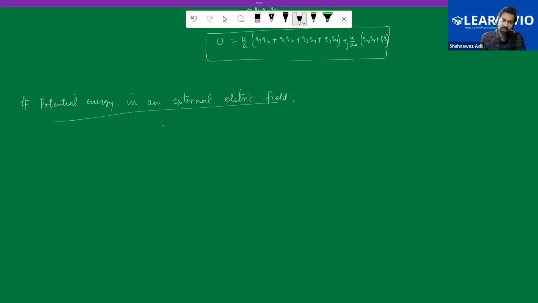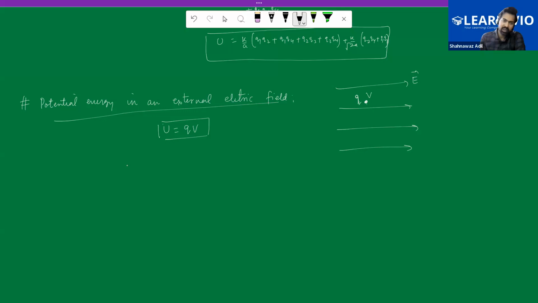Right, so this is simply, let's say we have an electric field and we are calculating the potential energy of this Q charge. We are trying to find out what would be the potential energy of this Q charge in the presence of this electric field. So we know that this has a potential V at this point. So potential energy would be simply Q V. This is the potential energy, right?